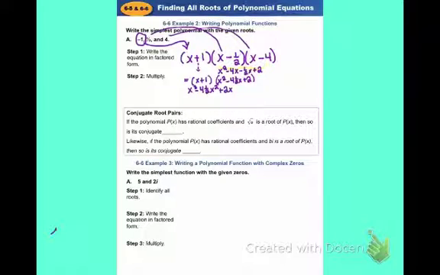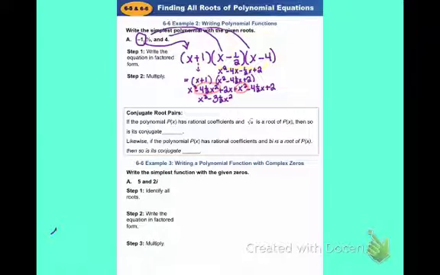Then distribute the 1 through: 1 times x squared is x squared, 1 times minus 4.5x is minus 4.5x, and 1 times 2 is 2. Then like terms: we have no other x cubed terms, so I start with my x cubed. Then the x squared terms, the minus 4.5x squared and the plus 1x squared, give me minus 3.5x squared.